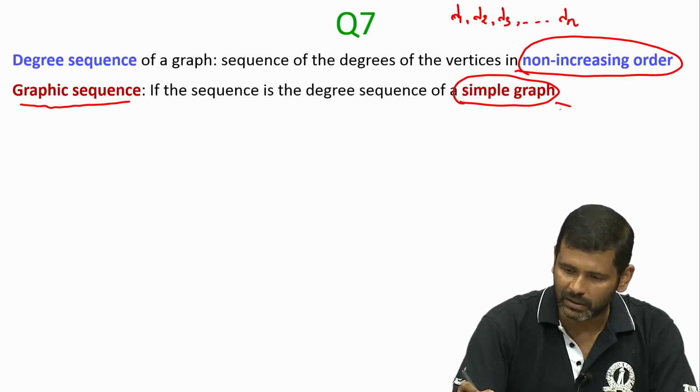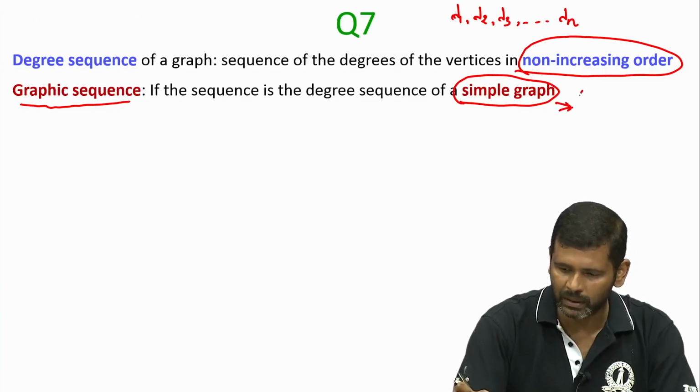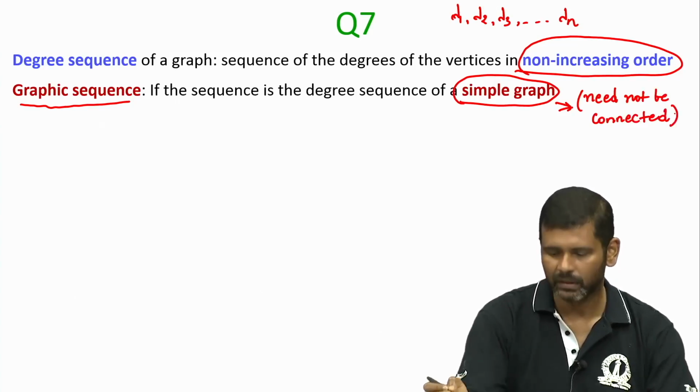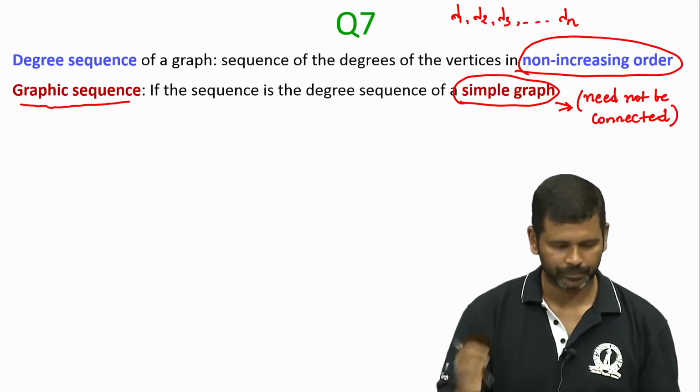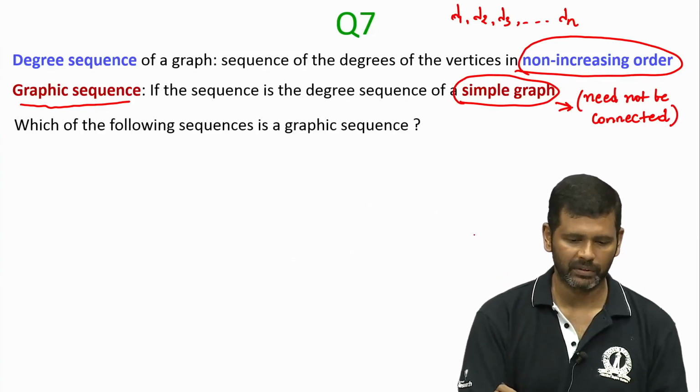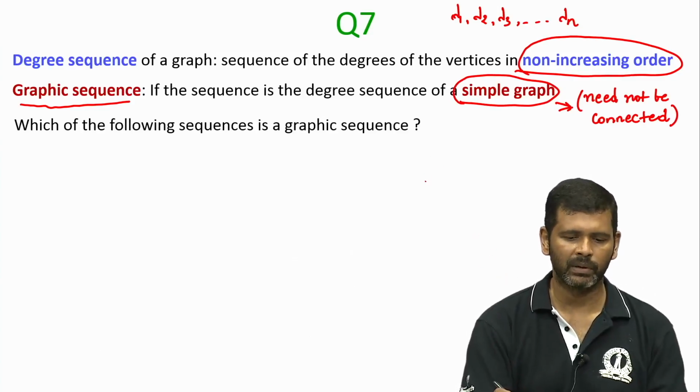I stress here that we need the graph only to be simple; it need not be connected. It is fine if the graph is not connected.